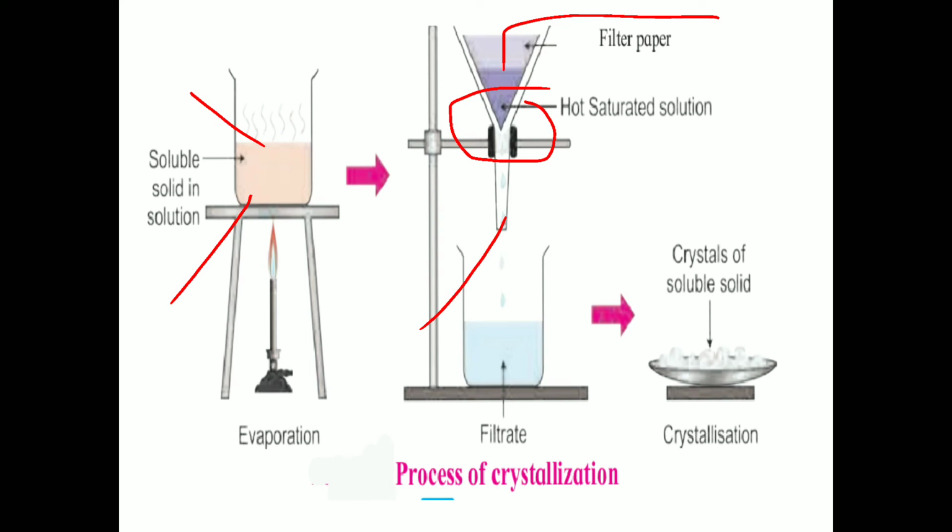To obtain the pure substance, or to remove the soluble impurities, we cool that filtrate, and on cooling crystals of the solid form, and we get the substance in pure form.